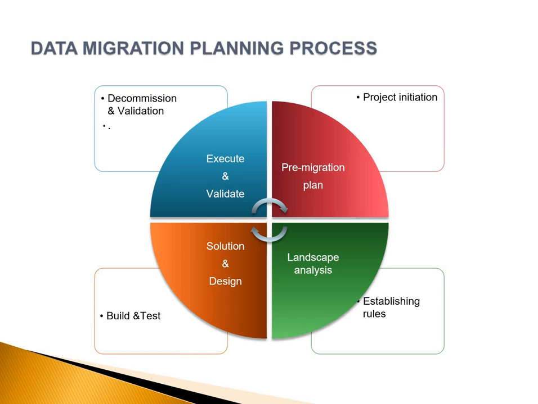In this phase, the stability of the data being moved is evaluated. Once this pre-migration plan is executed, the project initiation will be automatic. In the second phase, robust data quality rules are created and managed simultaneously.